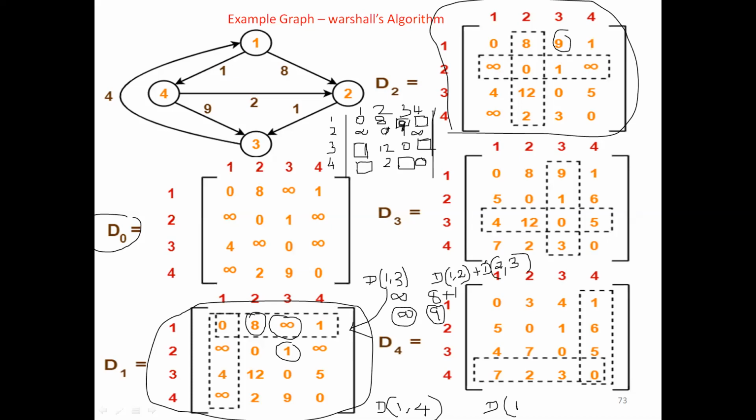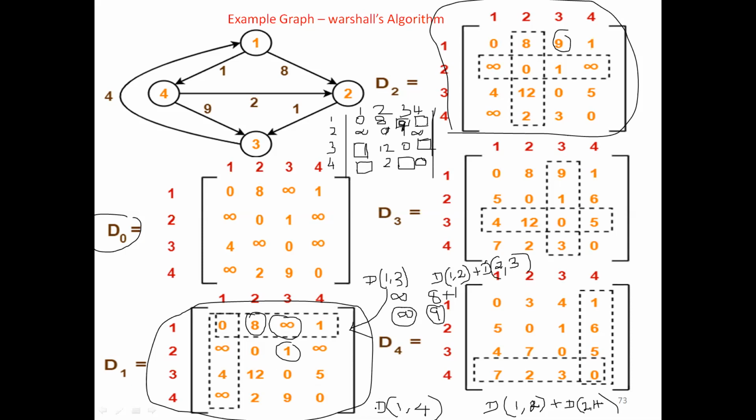That is 1 comma 2, reaching 4 via 2, then from 2 to 4. I have to find whether there is a path 2 comma 4. Now I have to calculate the cost. What is D1 comma 4? Since I am drawing D2, I have to get the input from the D1 matrix.